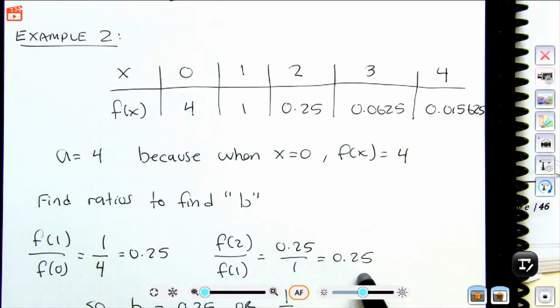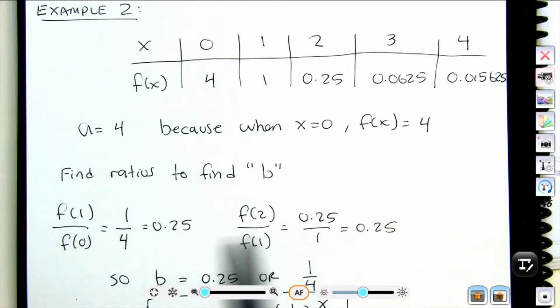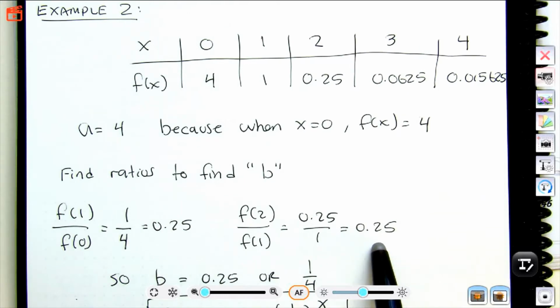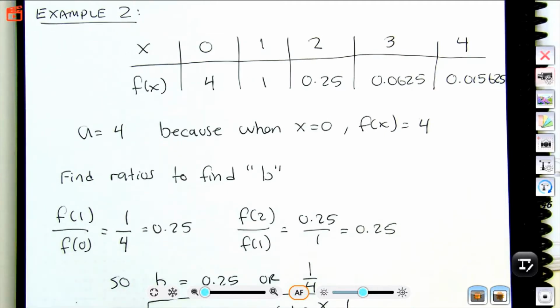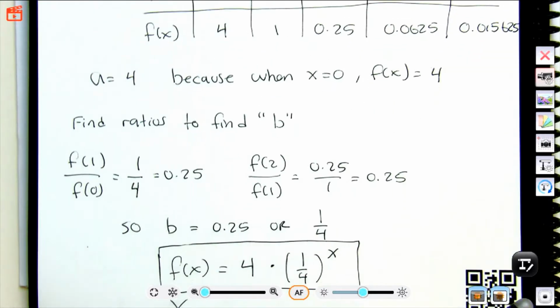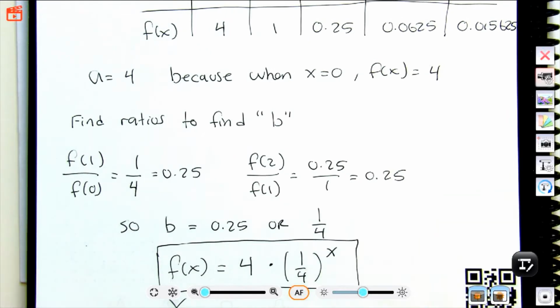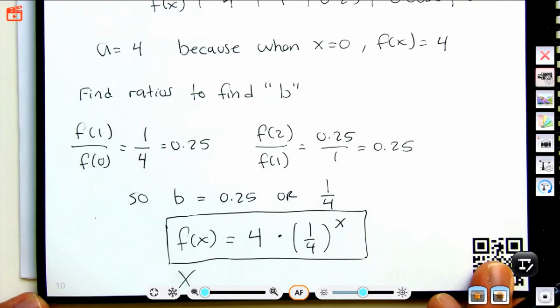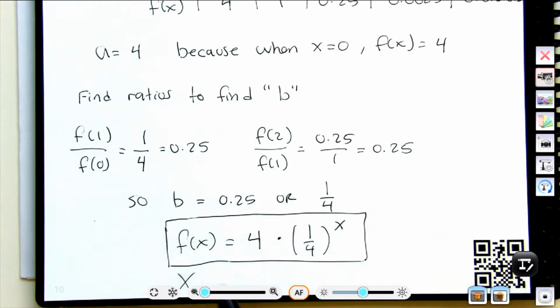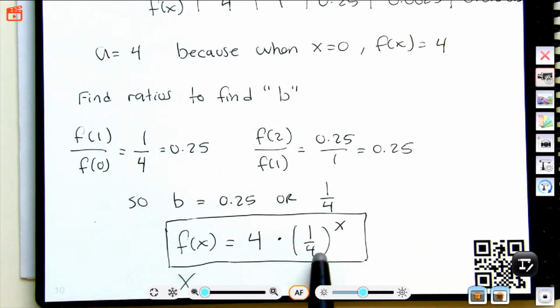Notice that these are the same value, and because these are the same value, that's my common ratio. So b is equal to 0.25. If I write 0.25 as a fraction, it would be 1 over 4. So my function would be f of x is equal to 4 times 1 over 4 to the x power. So a and then b.